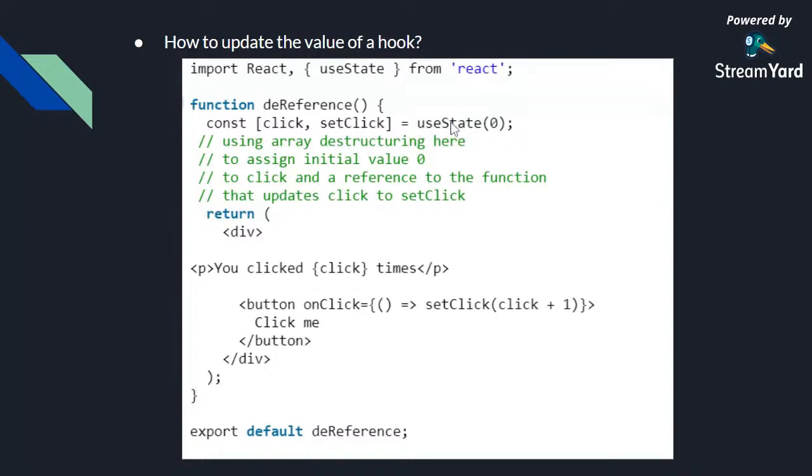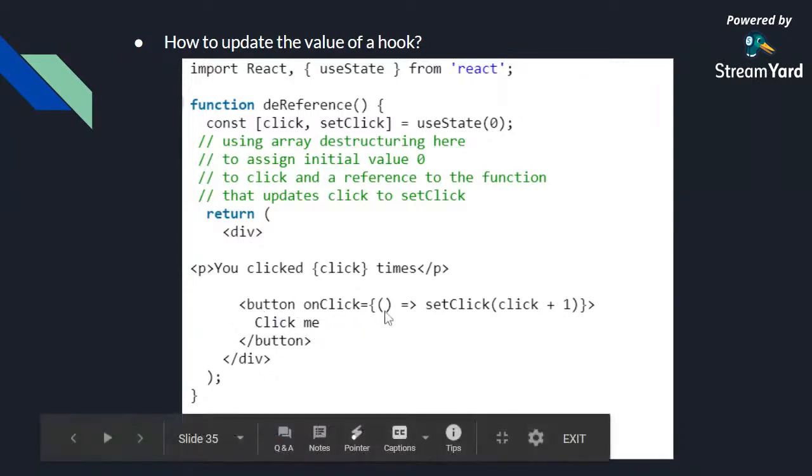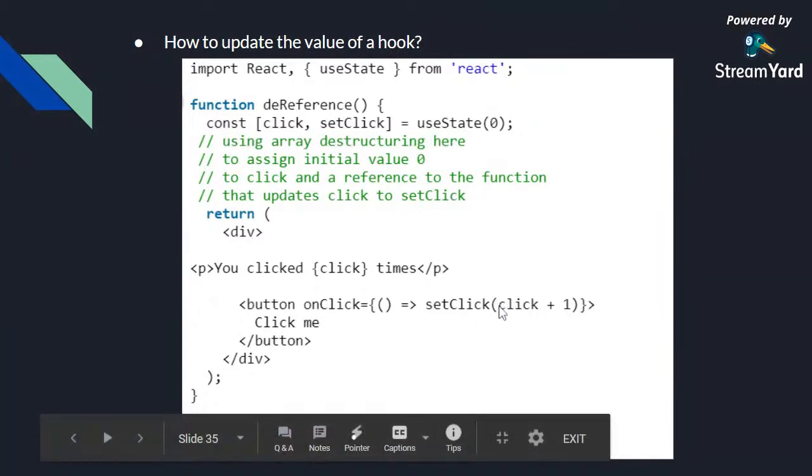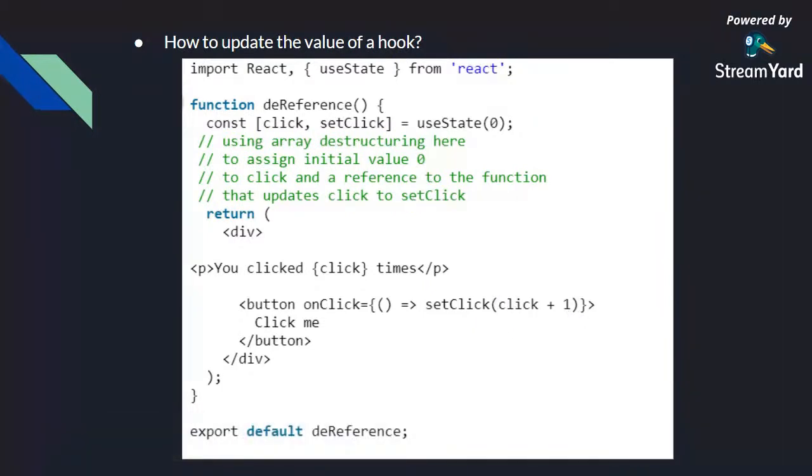And we are using useState and passing the initial value of the state here, that is 0. Now, how can we update it? On the click of the button, the onClick, we are creating a function, and we are calling the setClick function that we declared right here. And what we are doing here is click + 1, that is updating the value of the previous state, adding 1 and setting it. So this is how we can update the value of a useState hook.